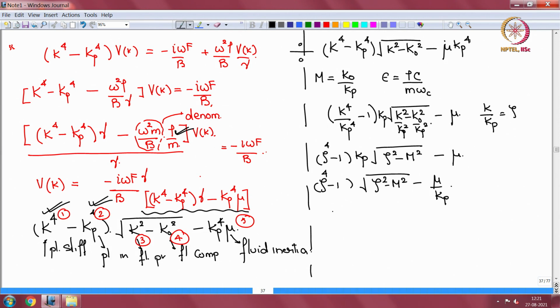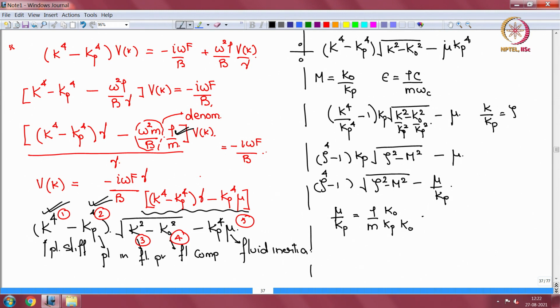So mu by kp is equal to rho by m, I will say kp multiplied by k0 divided by k0.